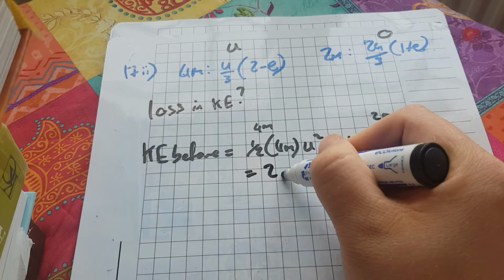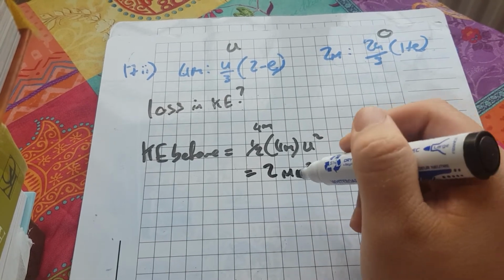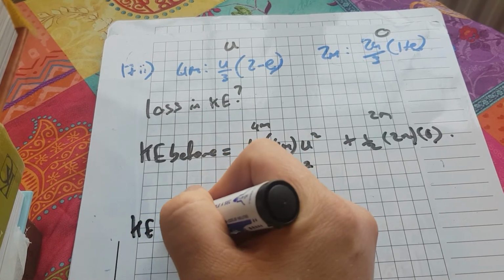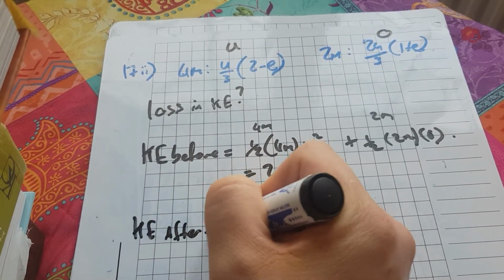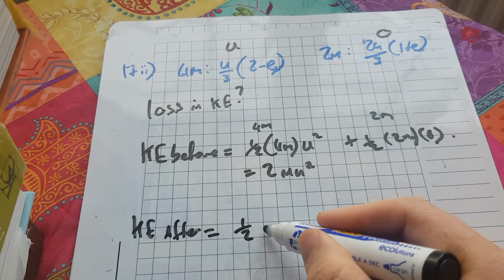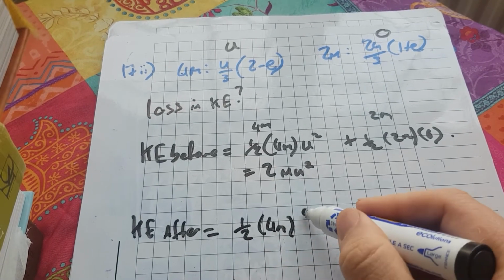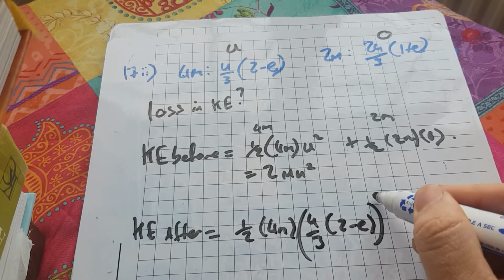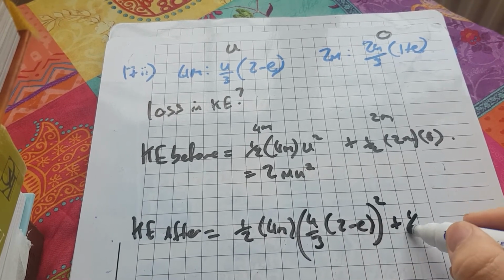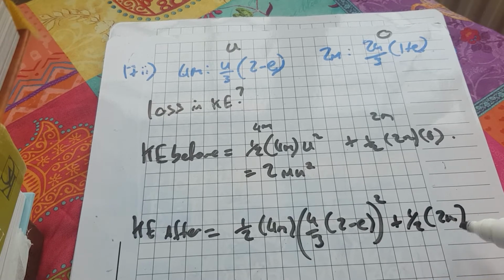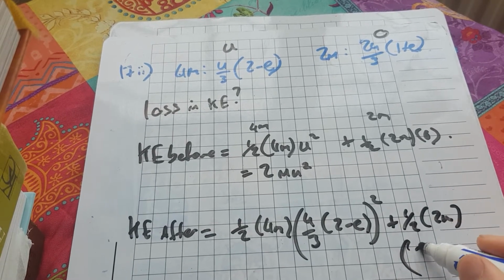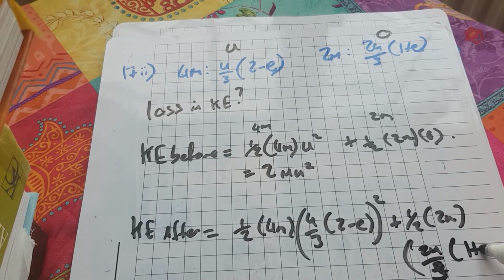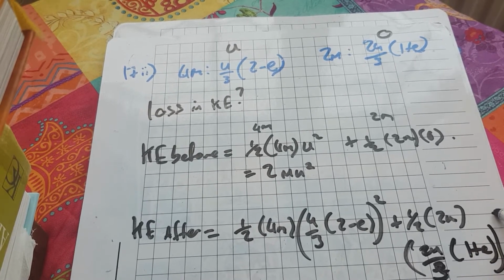So it's just 2mu squared. Kinetic energy after is a half by 4m by u over 3 times 2 minus e, squared, plus a half by 2m by 2u over 3 times 1 plus e, squared.